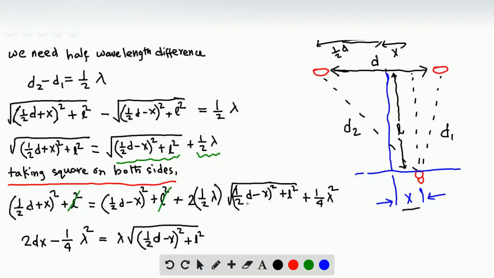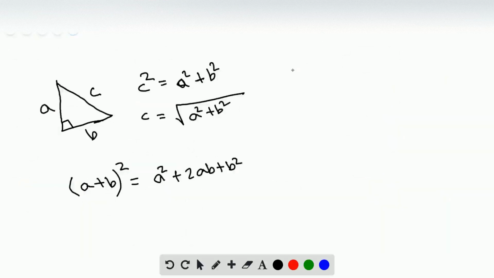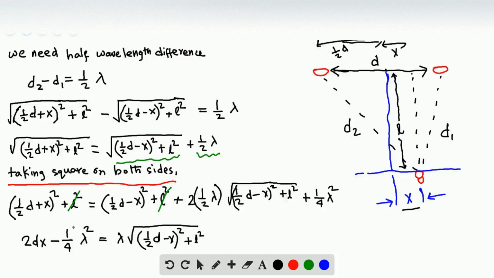and then we have this expression. Now we're using another common formula in this problem, which is a plus b whole squared minus a minus b whole squared gives us 4 times ab, right? So that's what's happening here.